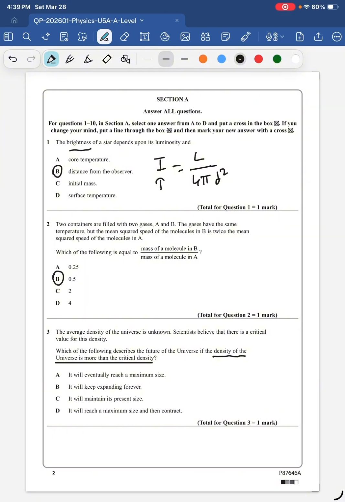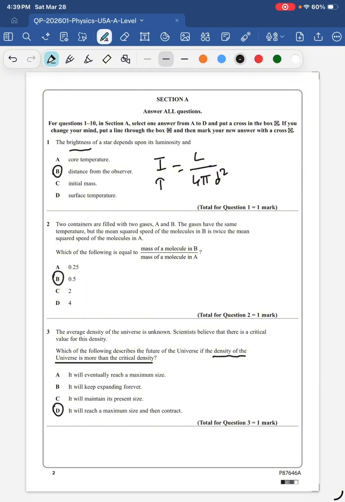So A is not correct. It's only partially correct. B, it will keep expanding forever. That will be the case if the density of the universe is less than the critical density. C, it will maintain its present size. This will be the case if the critical density is equal to the density. And then D, it will reach a maximum size and then contract, which is the correct option.